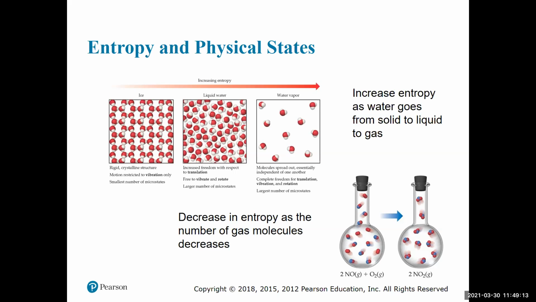Having fewer moles of gas decreases the entropy because there's just fewer pieces, is the way I think of it. And so because you have less stuff, less moles, less molecules, however you want to think of it, in that right-hand side, you're going to get less entropy from that because you've taken 3 and combined them into 2, basically.